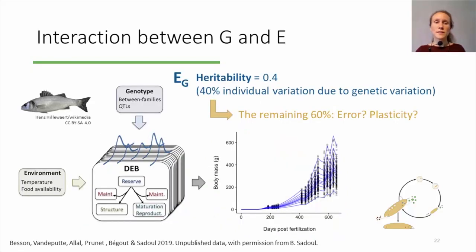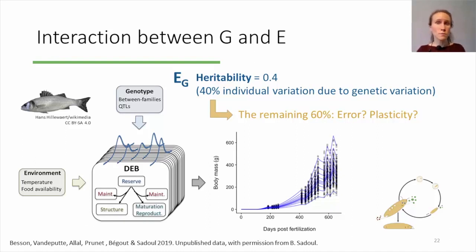Just to let you think a bit, we saw previously that heritability for EG was 0.4, which left us with 60% remaining variation between individuals in that parameter. So what could that be?